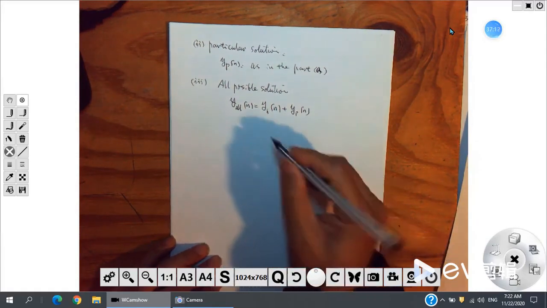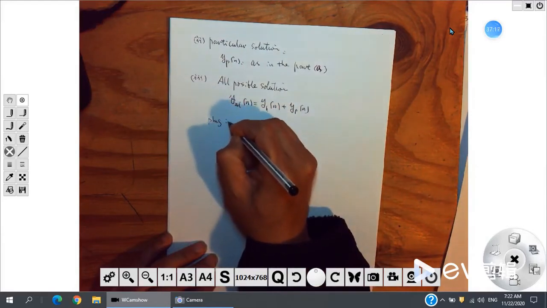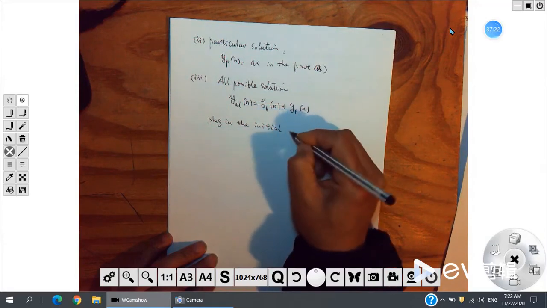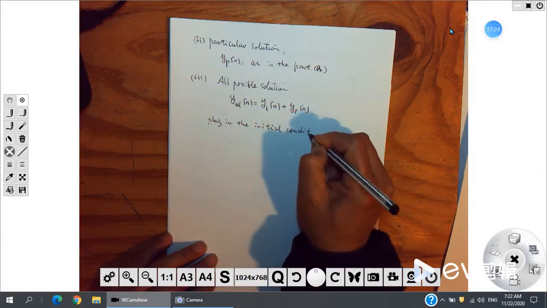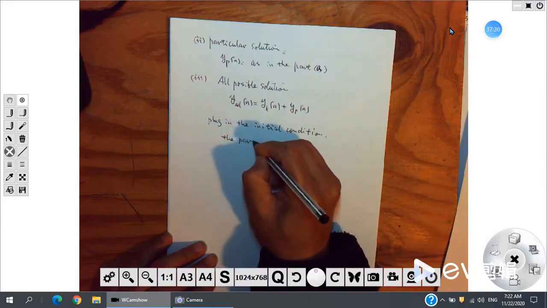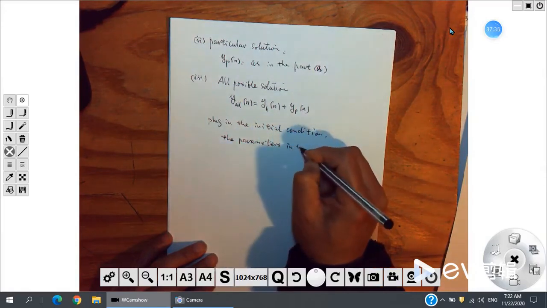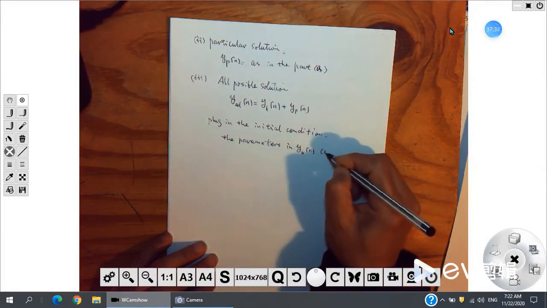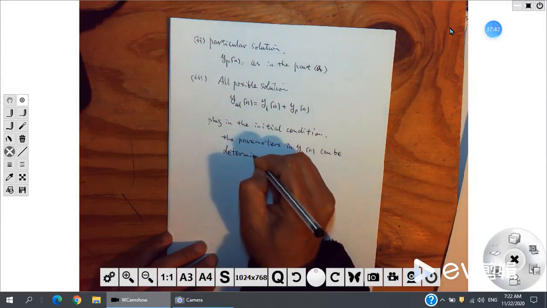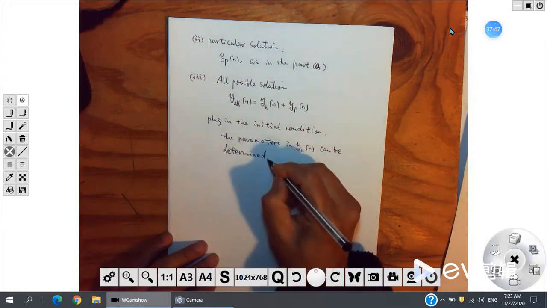And then plug in the initial condition, and the parameters in yh of n can be determined. Right now there could be some arbitrary numbers.